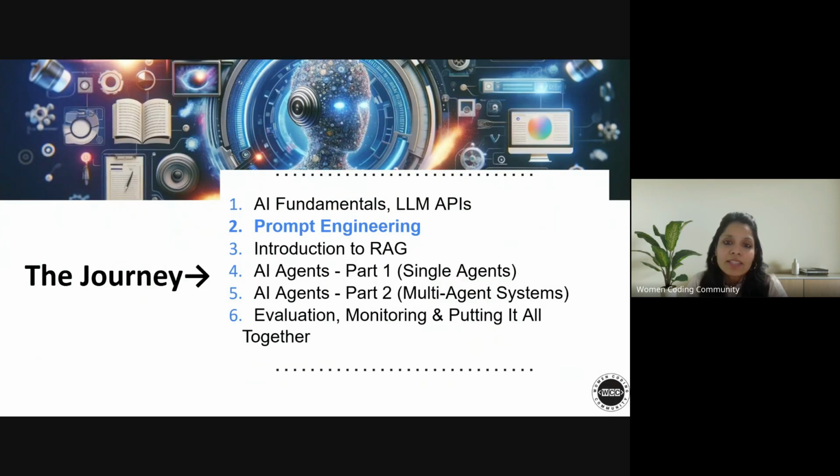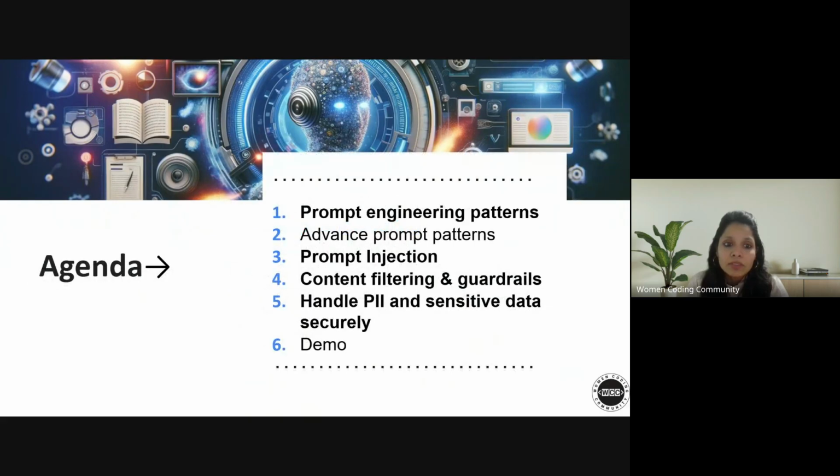It has devised patterns, frameworks, and techniques that you can use when you are developing your AI agents and AI applications. So let's dive into certain patterns and also identify some of the security issues and content guardrails we should all think about when we are writing prompts. That's the agenda of what we are going to cover.